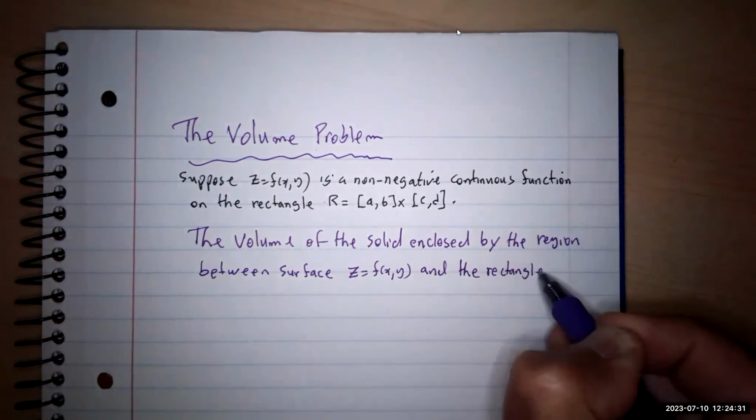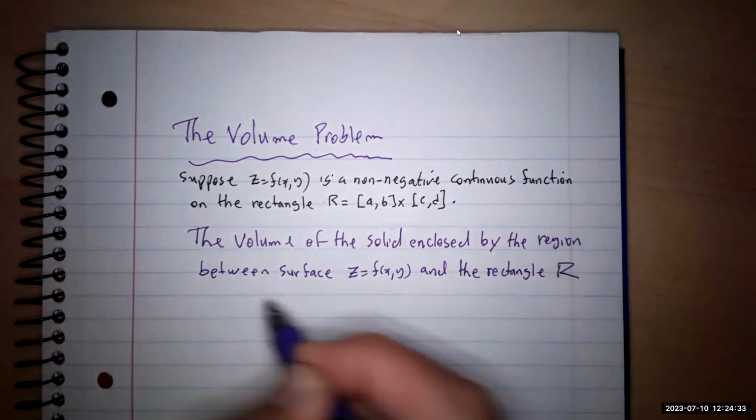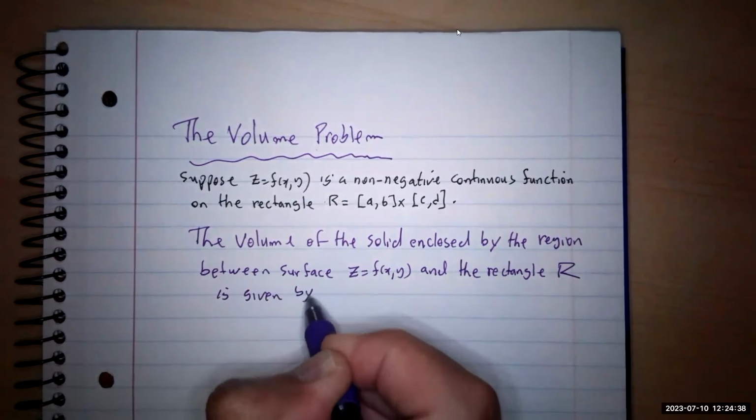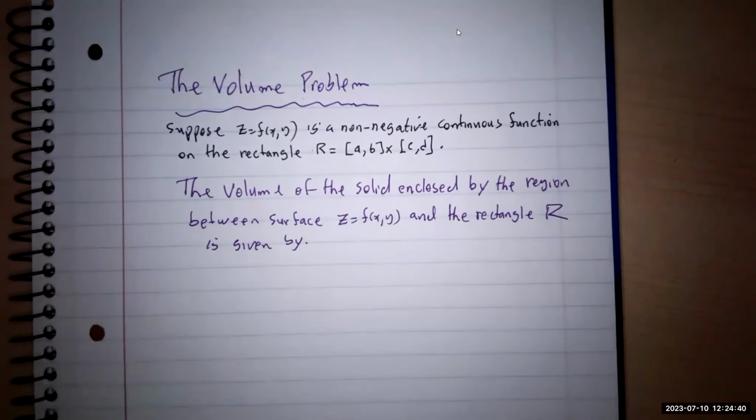Rectangle R is given by, we find the volume of those pieces and we put them together.